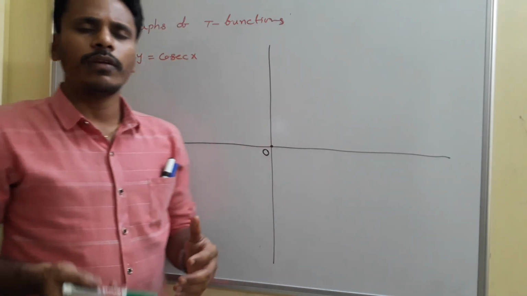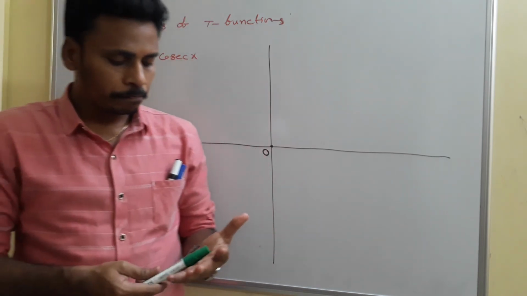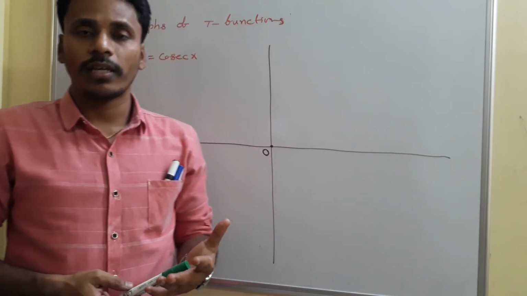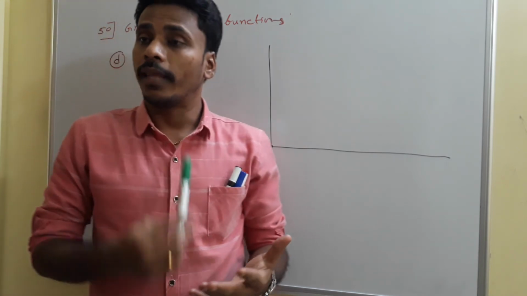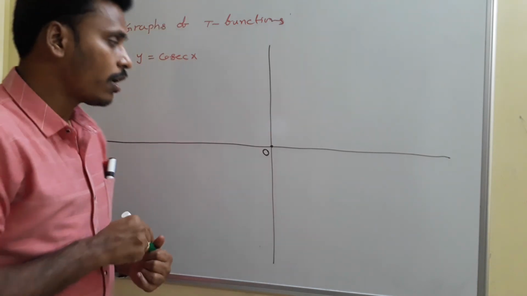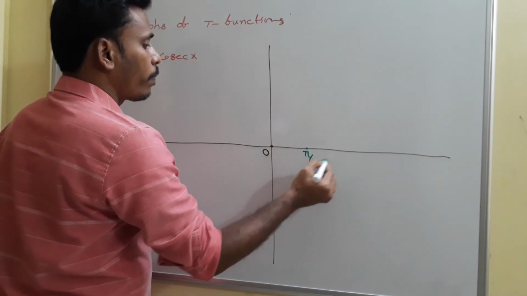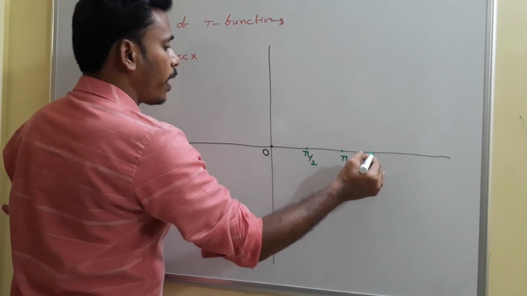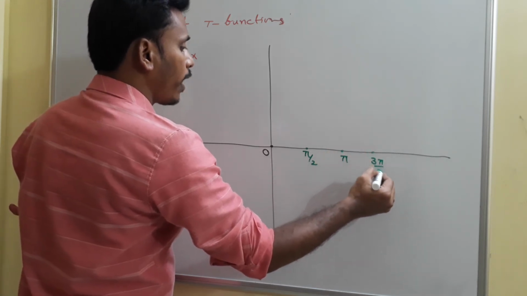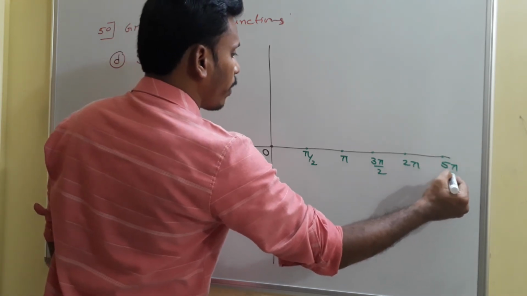Okay, we know all these things: the range of cosecant x, the domain of cosecant x, as well as the positive and negative nature, and the increasing and decreasing nature of cosecant x. First of all, you need to indicate the known angles here: 0, pi by 2, pi, and then 3 pi by 2, and then 2 pi, 5 pi by 2.